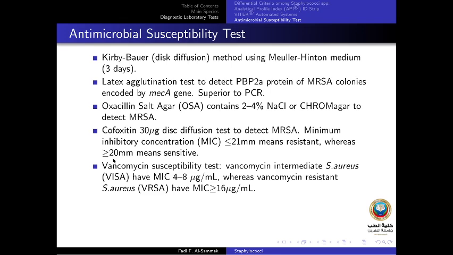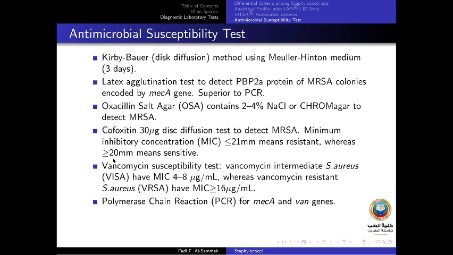They usually tend to have a minimal inhibitory concentration between 4 to 8 microgram per ml. And also to detect the VRSA, the vancomycin-resistant Staph aureus. They usually tend to have an MIC more than or equal to 16 microgram per ml. Another method is the polymerase chain reaction, as we said earlier, to detect the mecA gene and vanA genes.